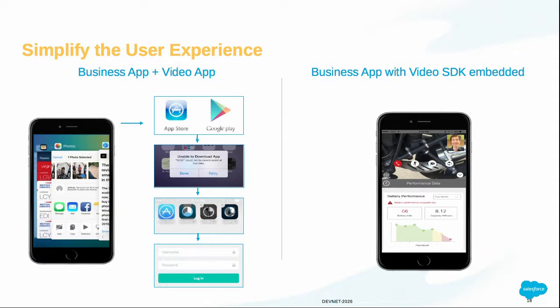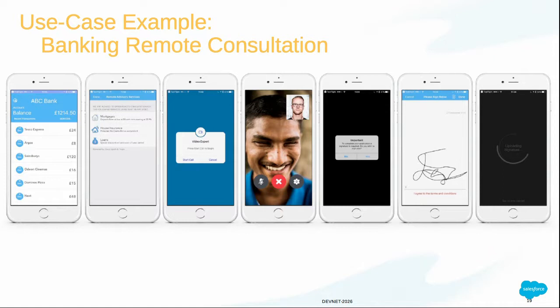So like I said, you could have a unified app that includes your business logic, line of business functionality, as well as Cisco Spark collaboration embedded just as much or as little and in the way you would like to have it. As a use case, you might have a mobile banking application where people can start a chat or a live video conversation with a mortgage expert.